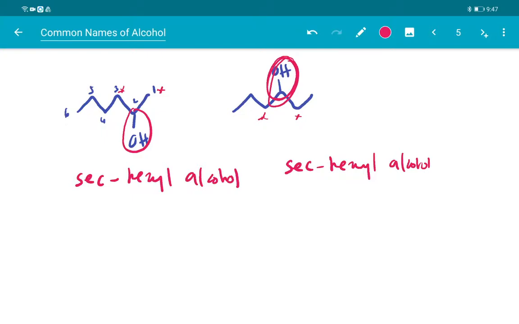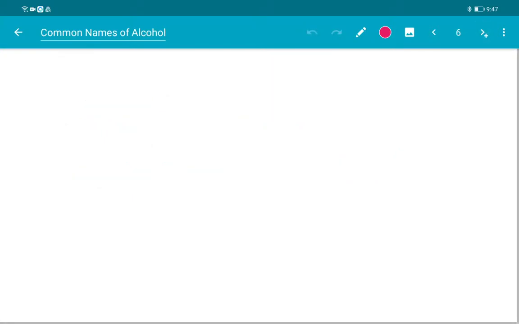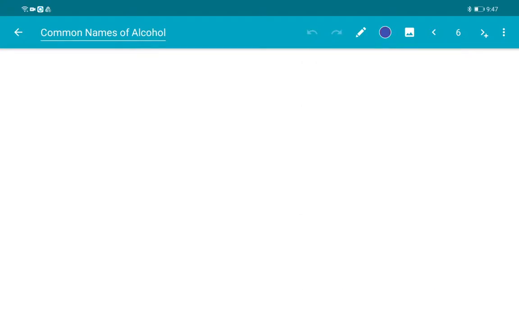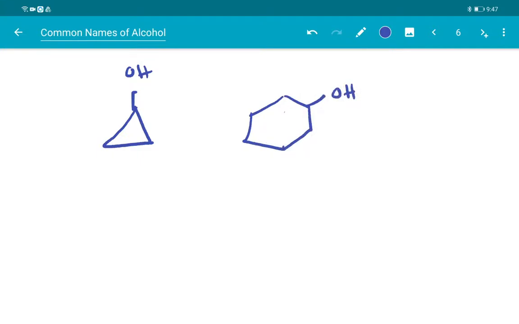So what if we have a cyclic compound? For a cyclic compound, I'm going to show you two examples. First one is cyclopropane. The other one is cyclohexane with the OH.